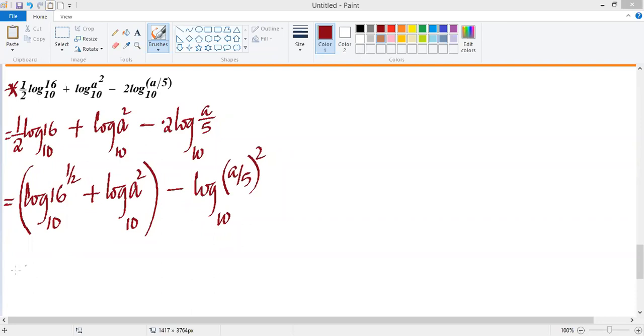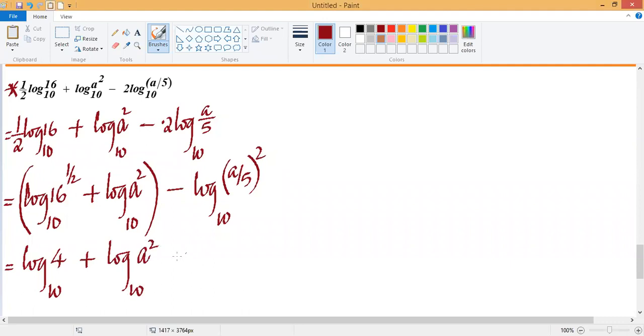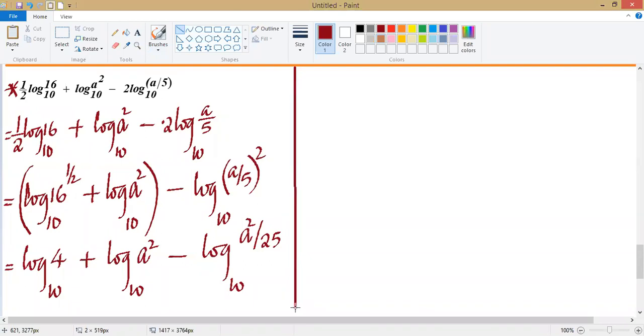That is 4 base 10 plus the log of a squared base 10 again minus the log of a squared over 25 base 10. Agree? Do we agree, class?